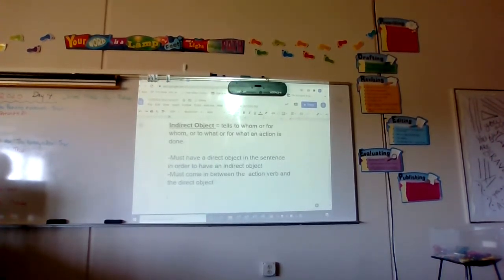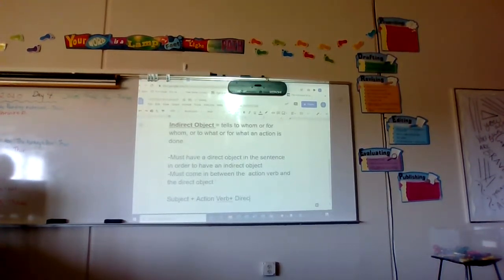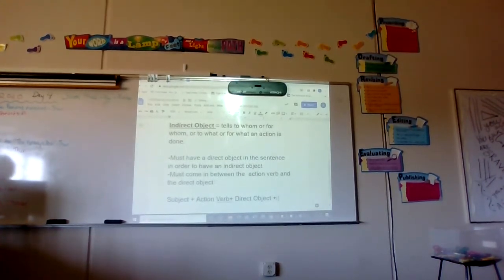Okay, so we're going to do the formula. First you would find the subject, then you find the action verb, then you find the direct object, then you ask to whom or for whom, or these could also be what?